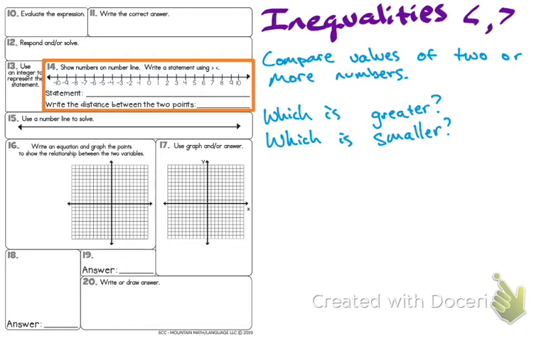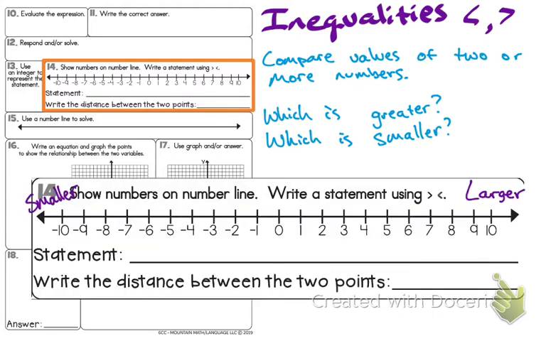One of the great tools that we have to work with inequalities is a number line, and so that's included in question 14, and I'm going to use that here down below. One of the things that's really nice about a number line when working with our inequalities is that as long as you've set up the number line correctly, it will help you identify which number is larger and which number is smaller.